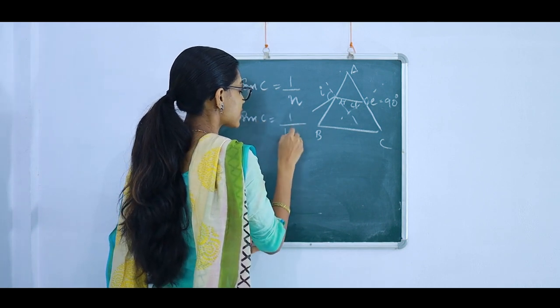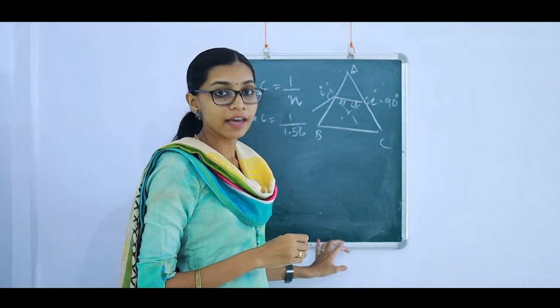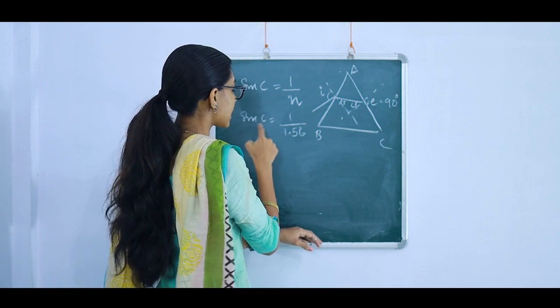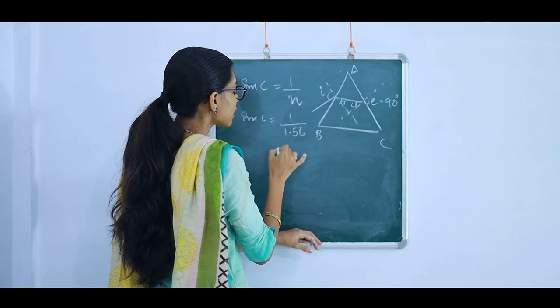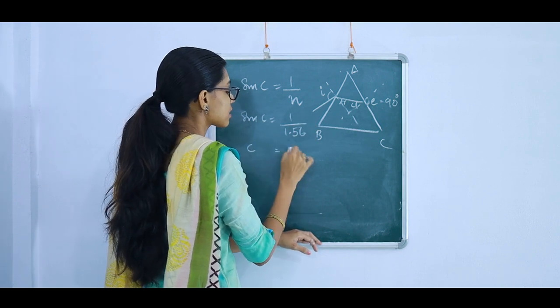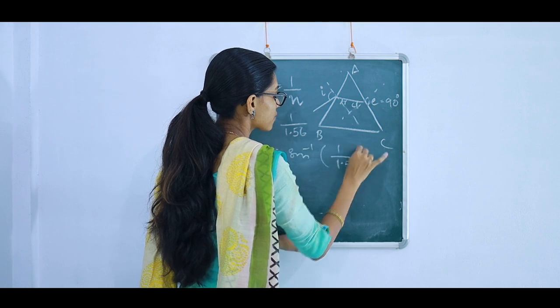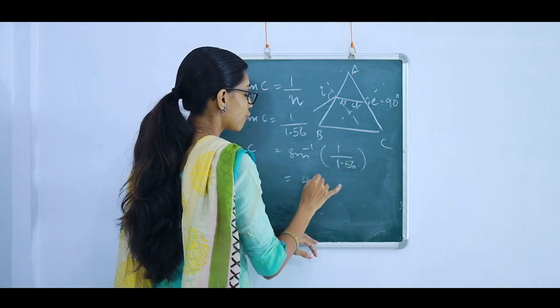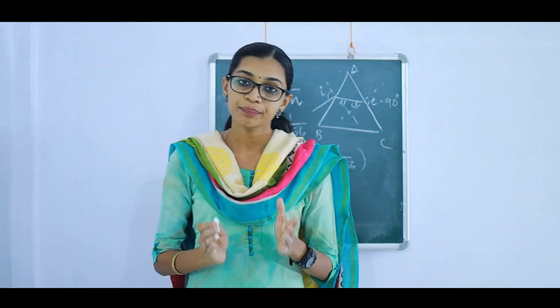It's given in the question that the refractive index is 1.56. So we get sin C is equal to 1 by 1.56, and when you solve, C is sine inverse of 1 by 1.56 and that comes to 40 degree.